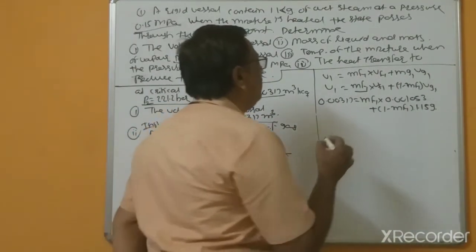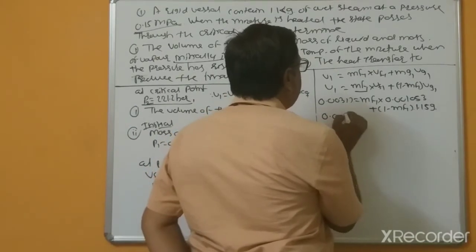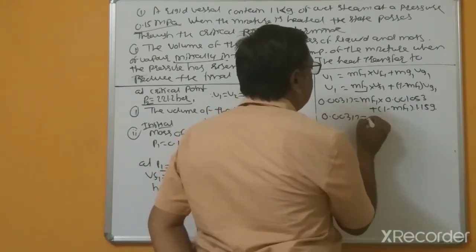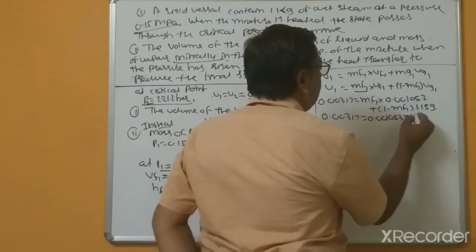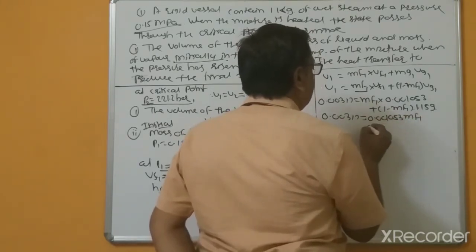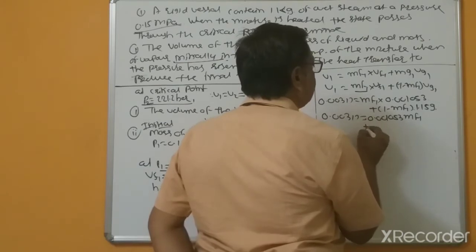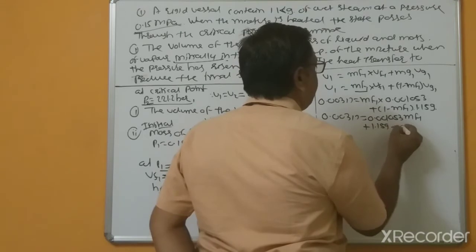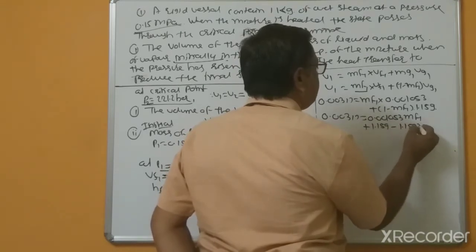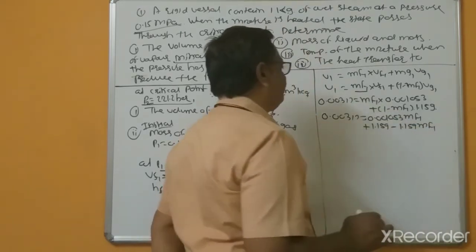So 0.0317 equals 0.001053 MF1 plus 1.159 minus 1.159 MF1.